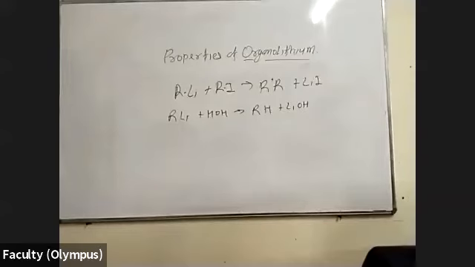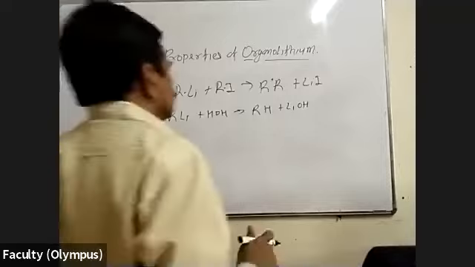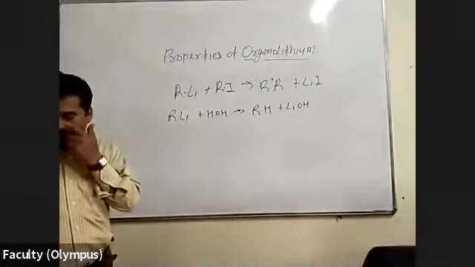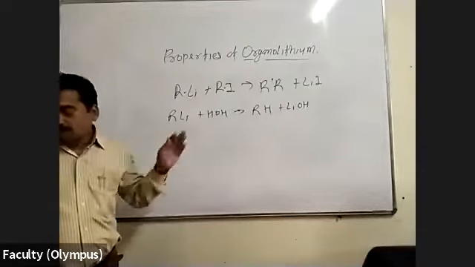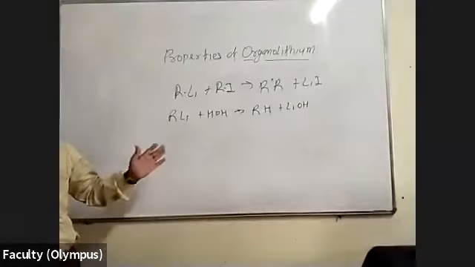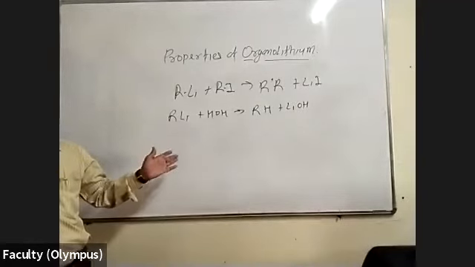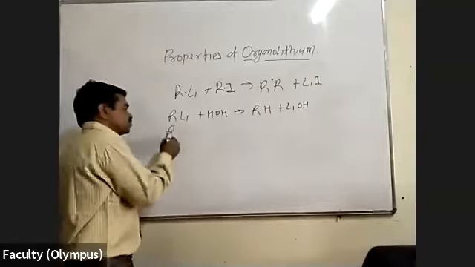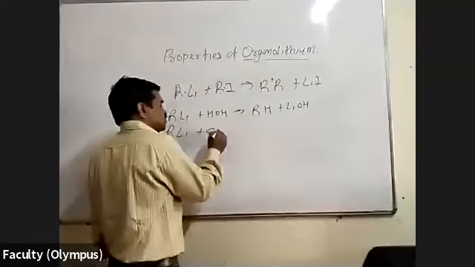So this reacts with water to give alkanes. Then organolithium compounds react with carbon dioxide to give acid, just like Grignard reagent: RLi plus CO2.